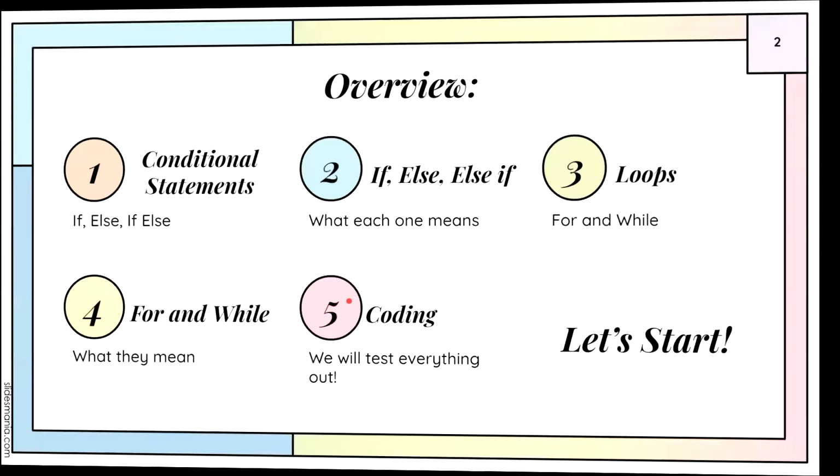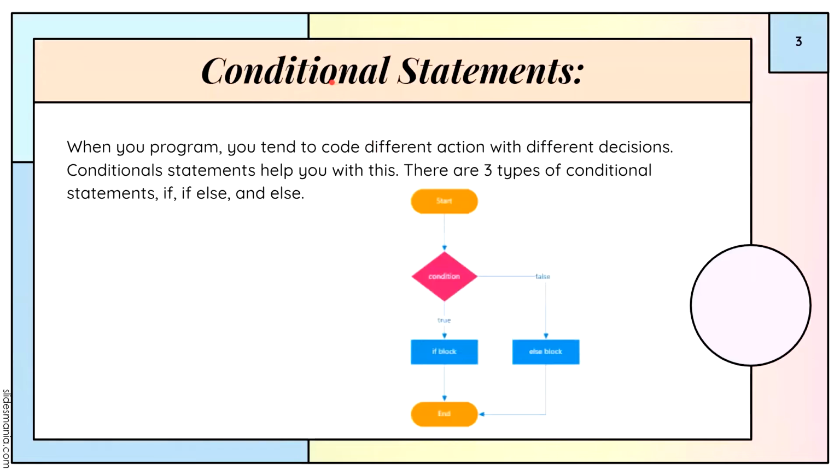So let's get started. What are conditional statements? When you program, you tend to code different actions for different decisions. Conditional statements help you with this. There are three types of conditional statements: if, else if, and else. You can see right here, we start and then we have our condition.